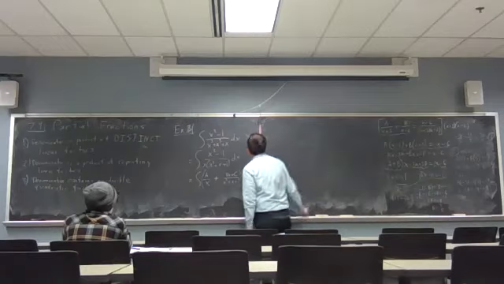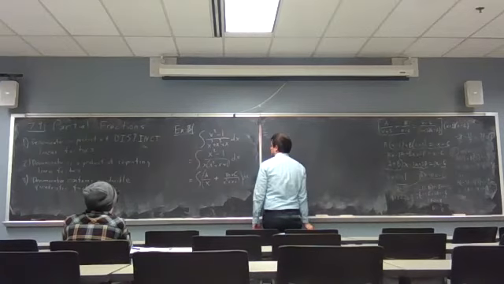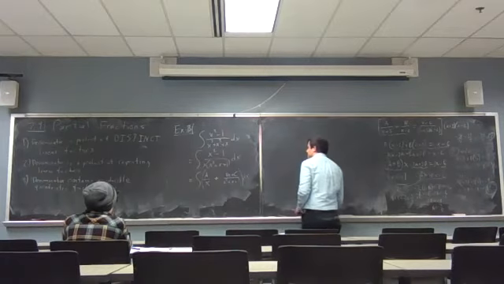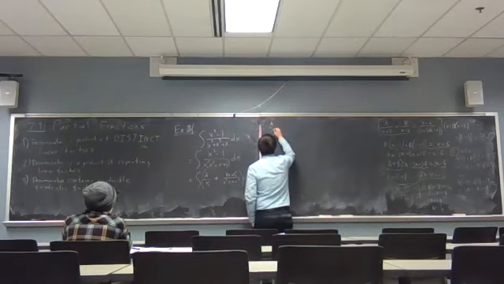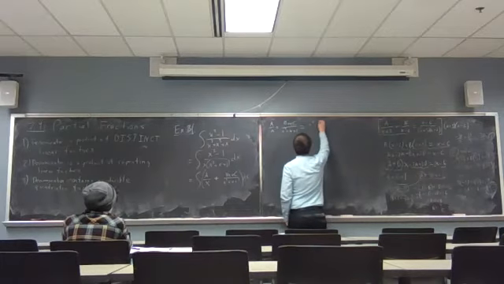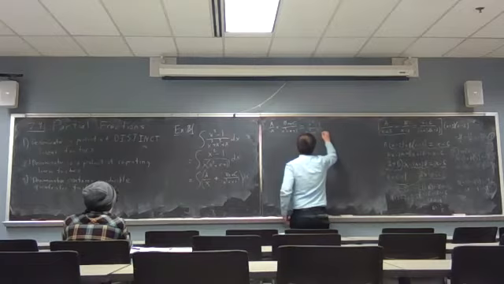Okay, now we still need to figure out what a and b and c are, right? So let's work that out. So we want a over x plus (bx plus c) over (x squared plus x plus 1), and I want this to be equal to (x squared minus 1) over (x cubed plus x squared plus x).